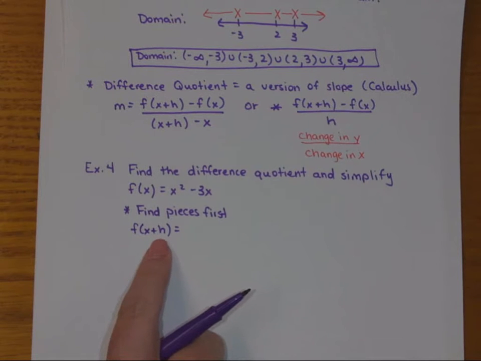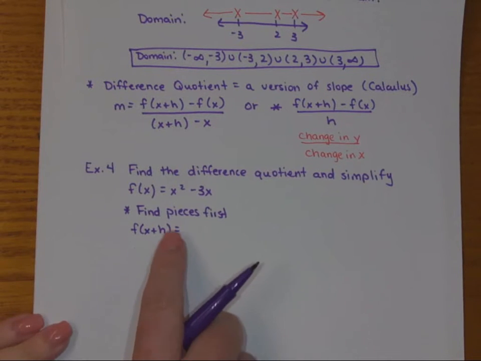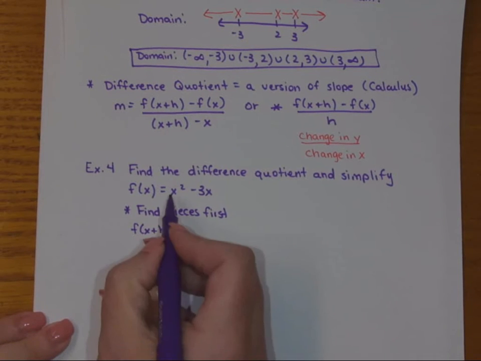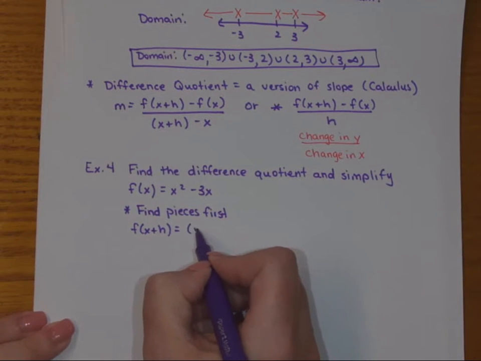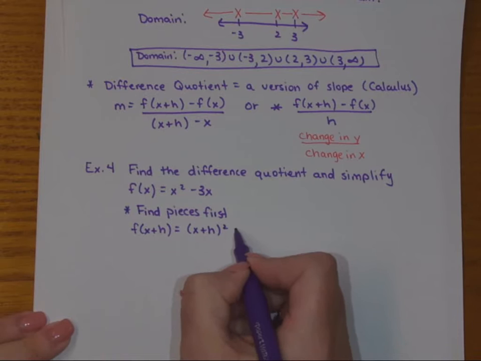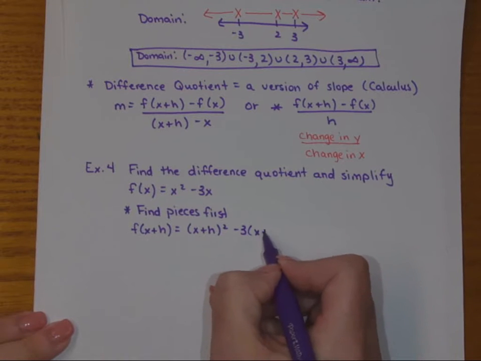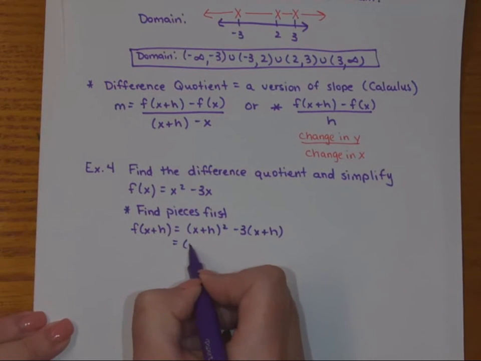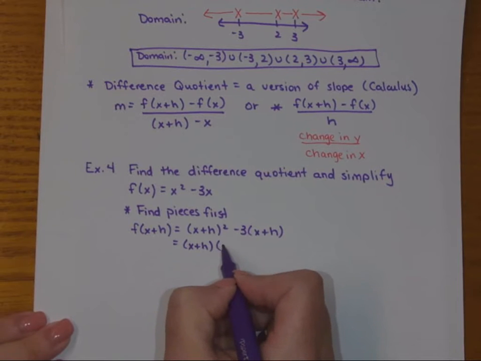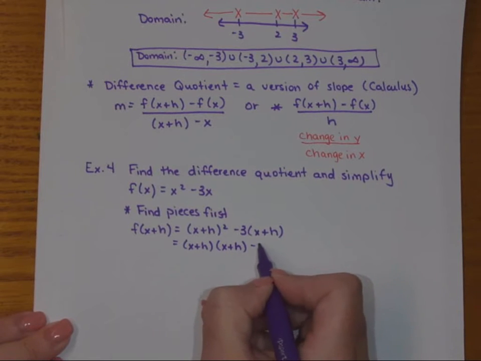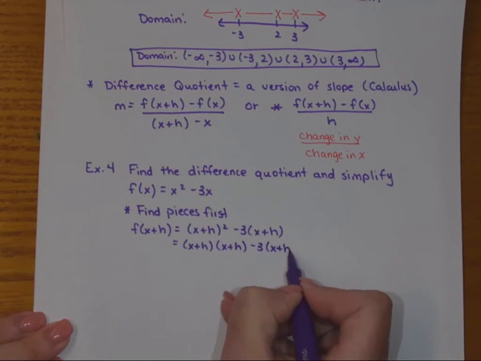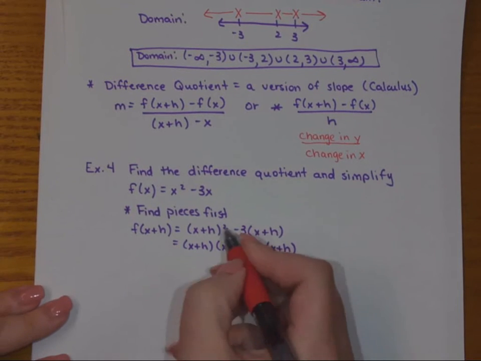So don't overthink that, right? Who cares that there are two letters? F of anything just means replace x with that parentheses. So instead of x squared minus 3x, it's going to be parentheses squared minus 3 parentheses. Okay, so don't forget, we've talked about this semester, but you cannot just distribute that squared when you're adding. Okay, instead you have to FOIL.